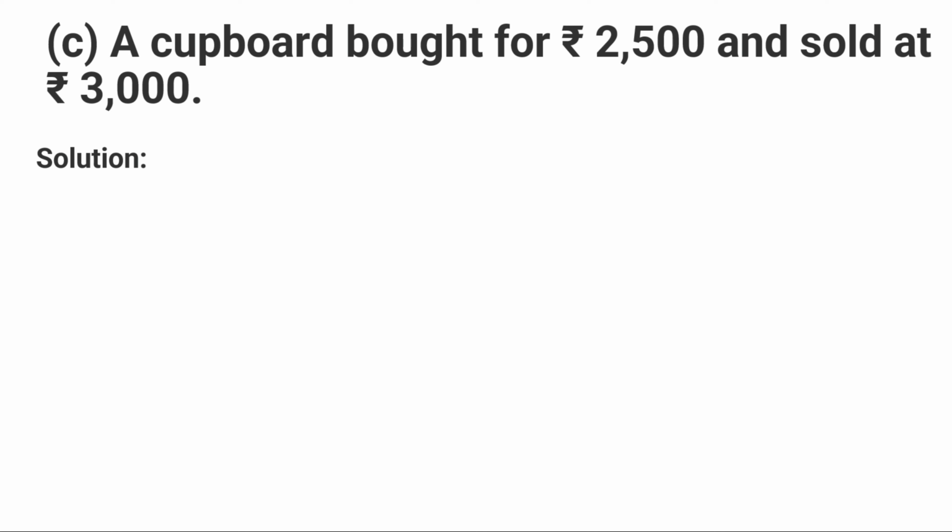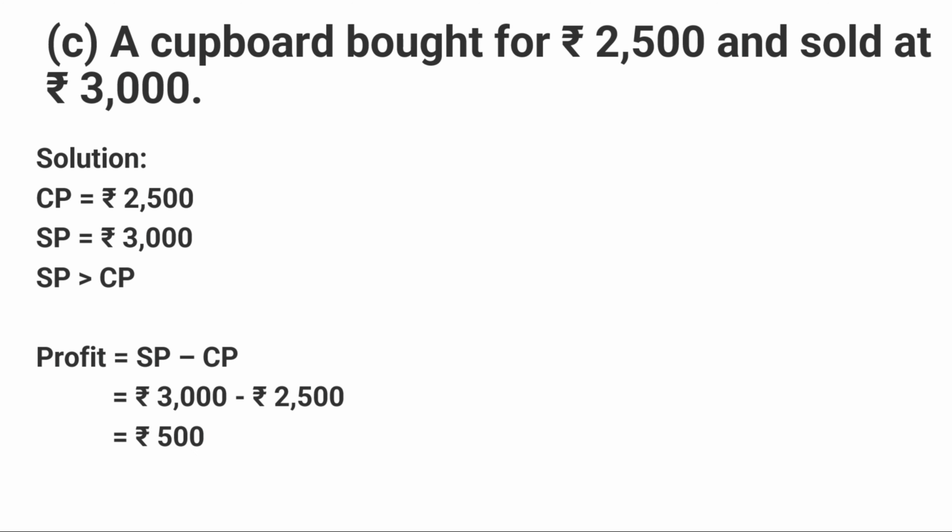Next one, a cupboard bought for rupees 2500 and sold at rupees 3000. Same way we need to do. Cost price is 2500, selling price is 3000, SP is greater than CP. Find the profit and that would be rupees 500. Using the formula, here we need to write CP.